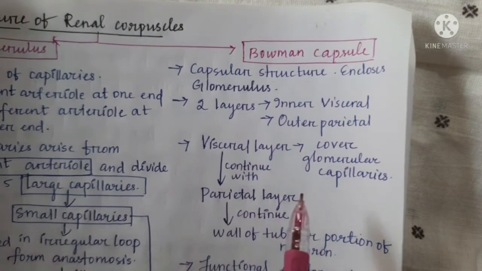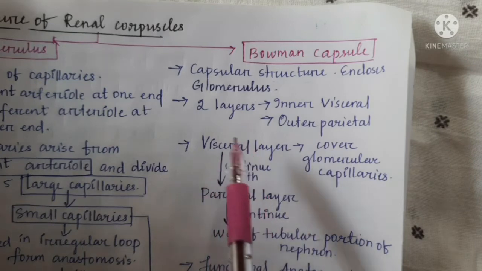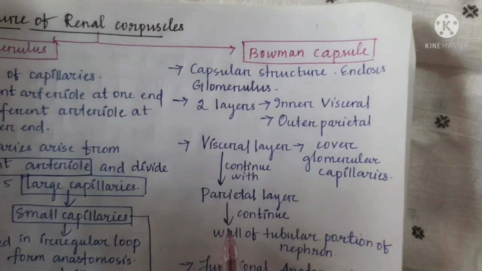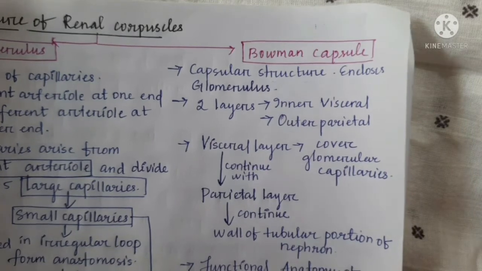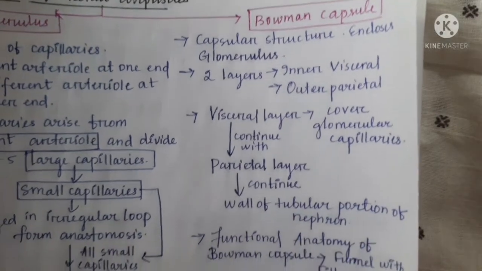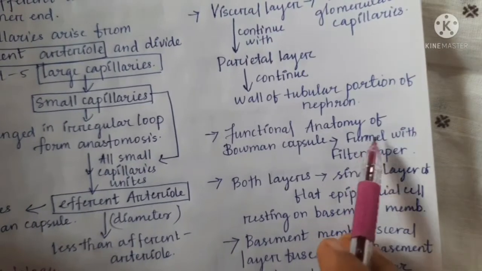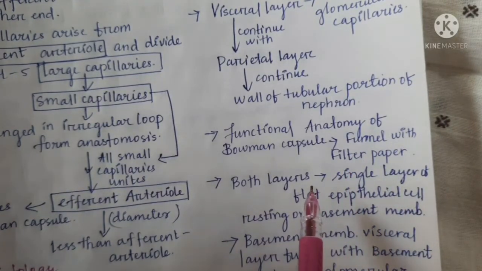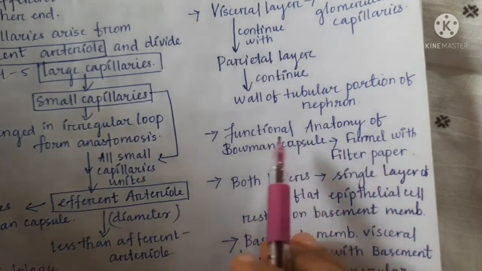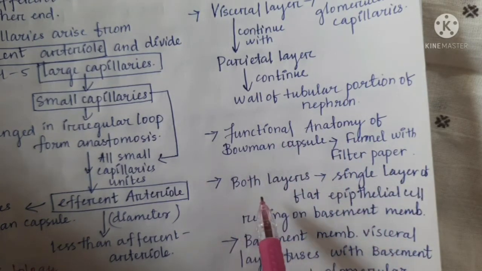The visceral layer covers the glomerular capillaries, and the visceral layer continues as the parietal layer, and the parietal layer continues as the wall of the tubular portion of the nephron. The functional anatomy of the Bowman's capsule is like a funnel with filter paper. A funnel with a filter paper, it looks like Bowman's capsule.